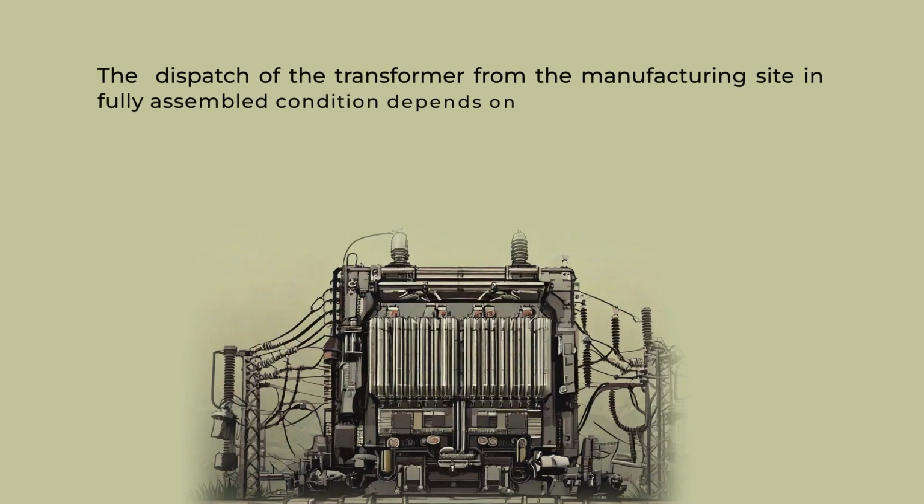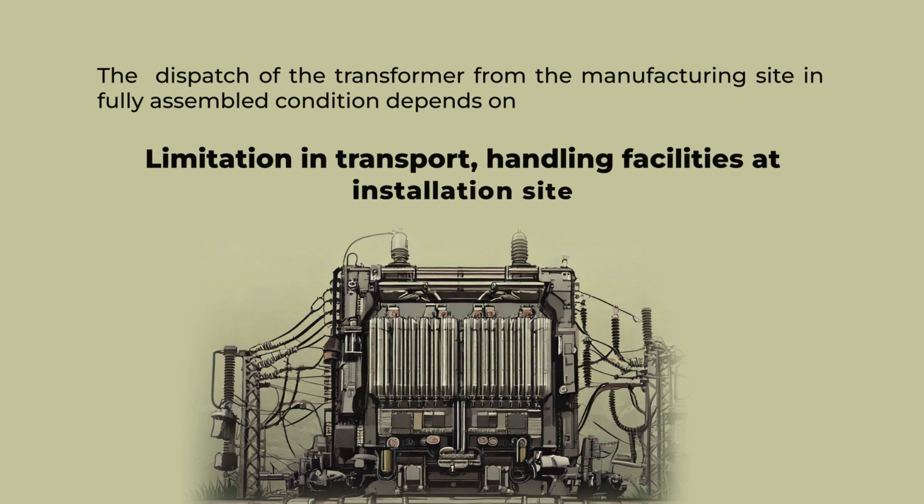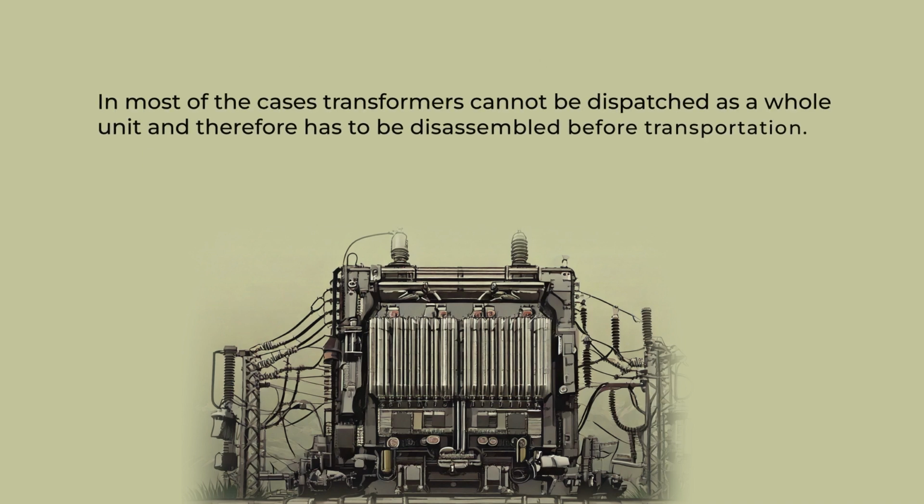The dispatch of the transformer from the manufacturing site in fully assembled condition depends on the transformer rating, limitations in transportation facilities, and the handling facility at the installation site. In most cases, transformers cannot be dispatched as a whole unit and therefore have to be disassembled before transportation.